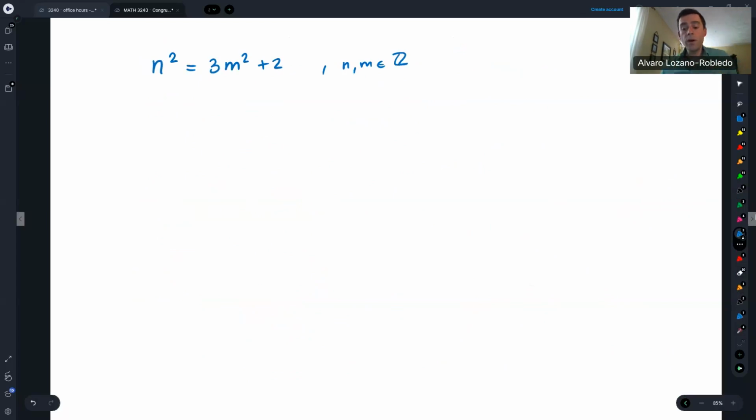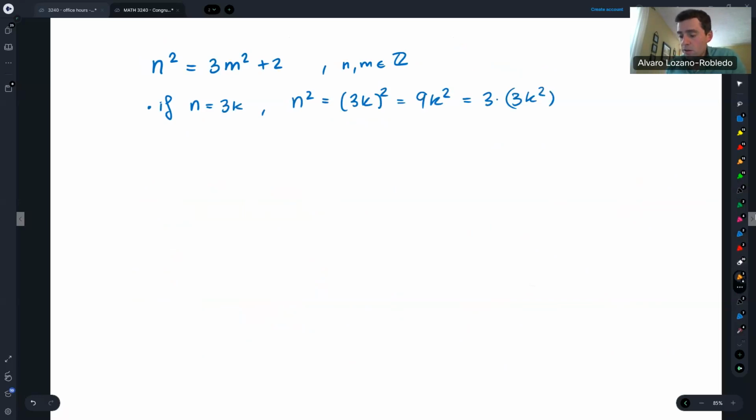And we are going to see what happens. If n is a multiple of 3, then n squared is 3k squared, and that is 9k squared, and that is 3 times 3k squared. So the remainder when dividing by 3 is 0.